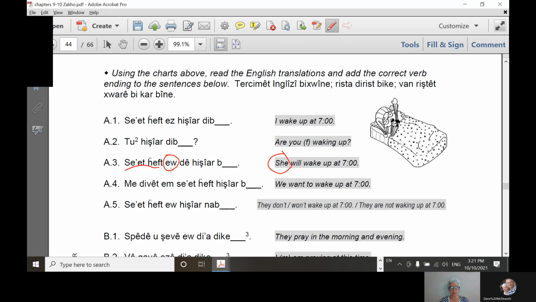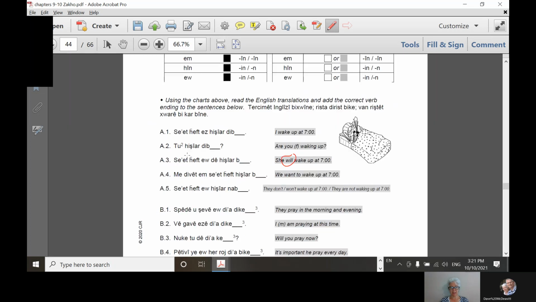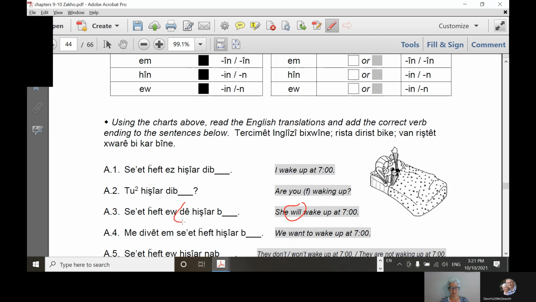Okay, so our subject is ow, and that subject determines what our verb ending will be. The way you know it's future tense is from this day, right there. That tells me it's future tense.